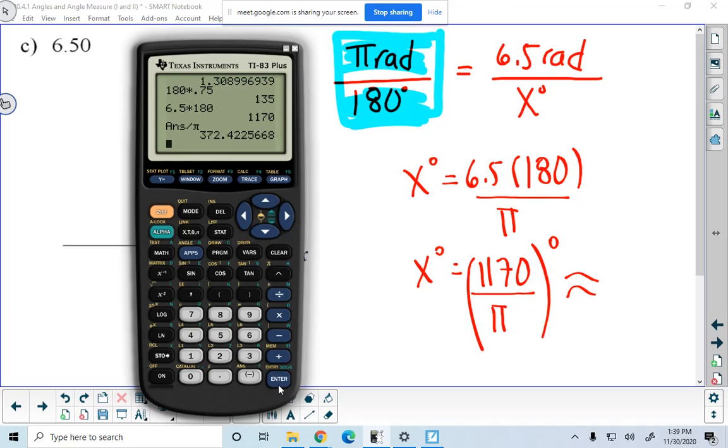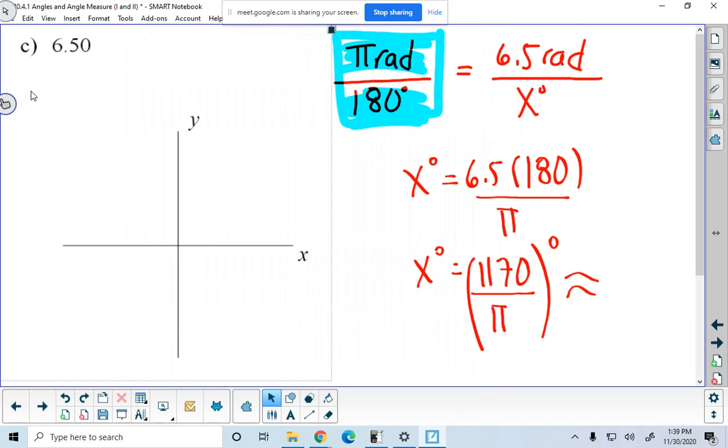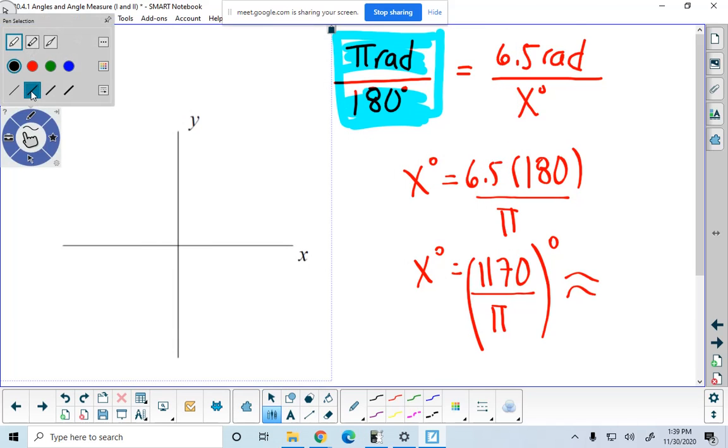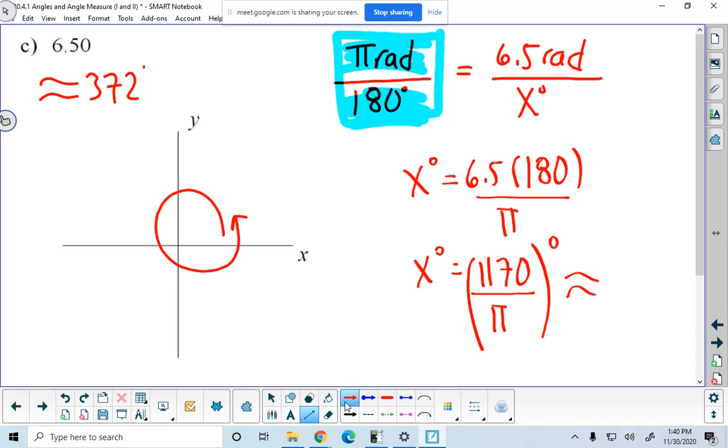And that's going to be helpful for us in sketching this. So we can say it's about 372 degrees. So 372 degrees is around to 360 and continuing on a few, well, 12 degrees more. So that is the rotation angle.